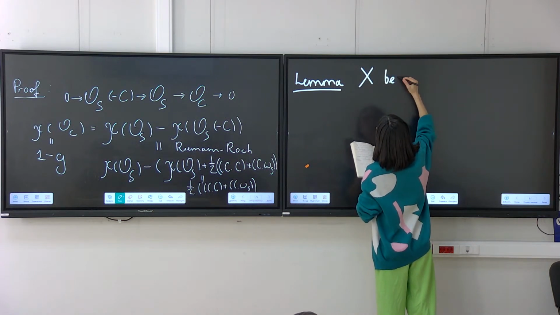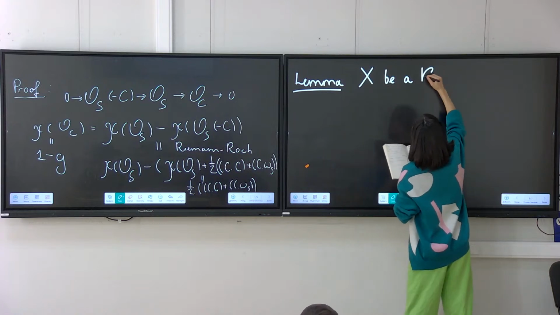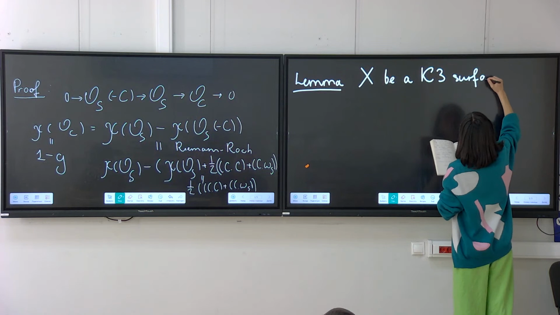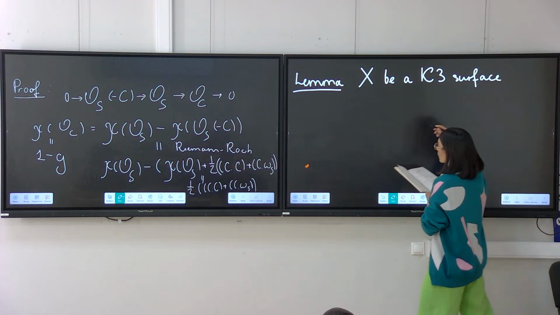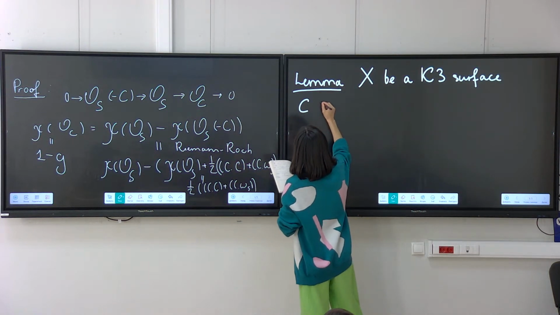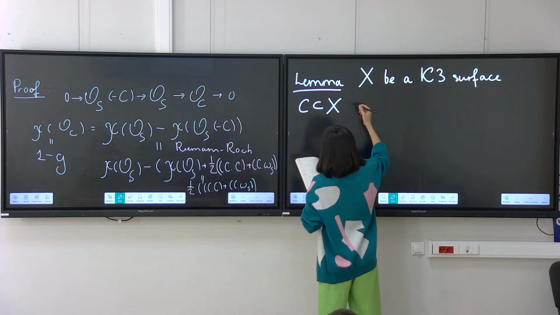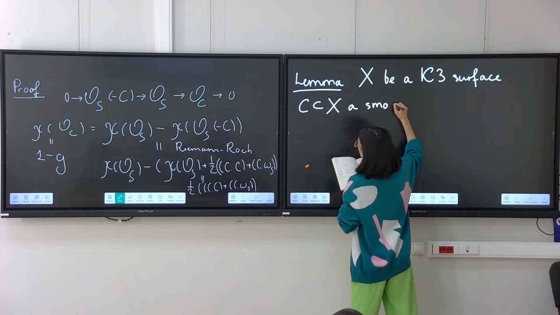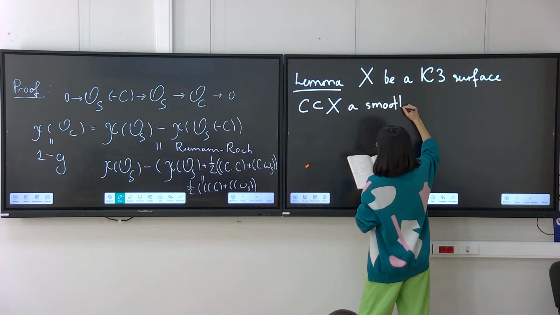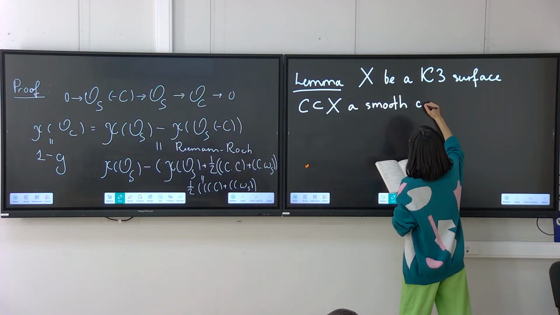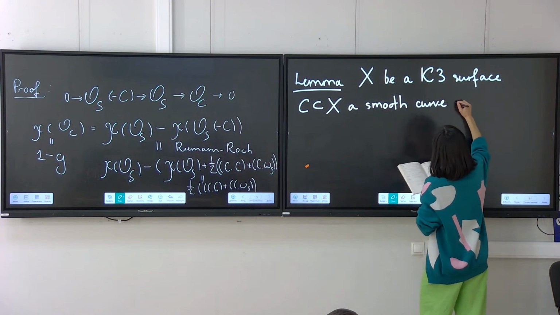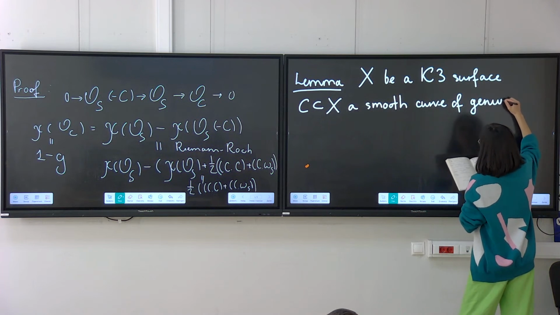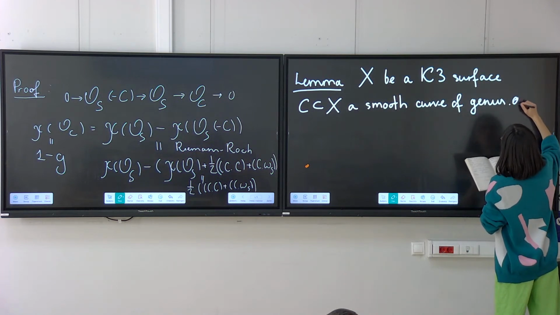So let X be a K3 surface, and C in our K3 surface is a smooth curve of genus g.